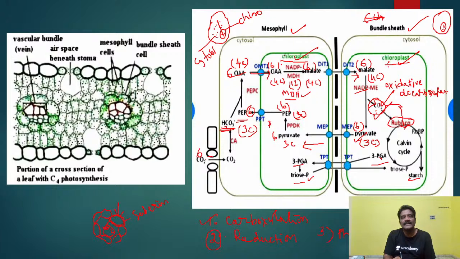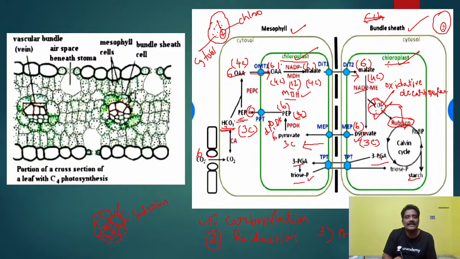And PEP is formed in the presence of one enzyme, pyruvate dikinase, PPDK. This enzyme is very important to convert these 6 molecules of pyruvic acid into 6 molecules of phosphoenol pyruvic acid again. This phosphoenol pyruvic acid will again enter the mesophyll cell cytosol.